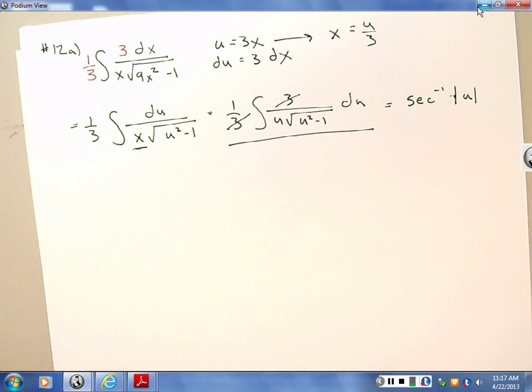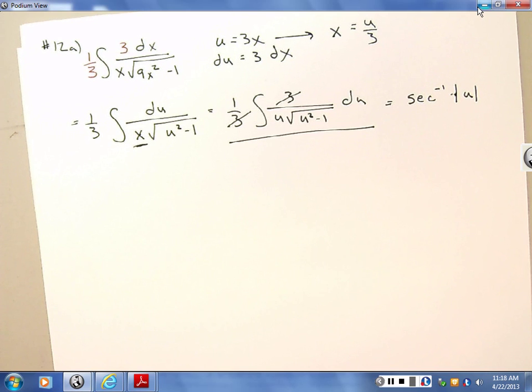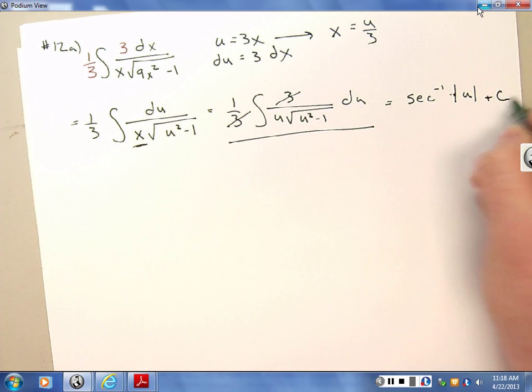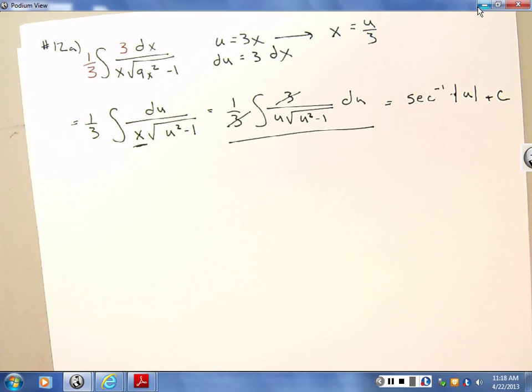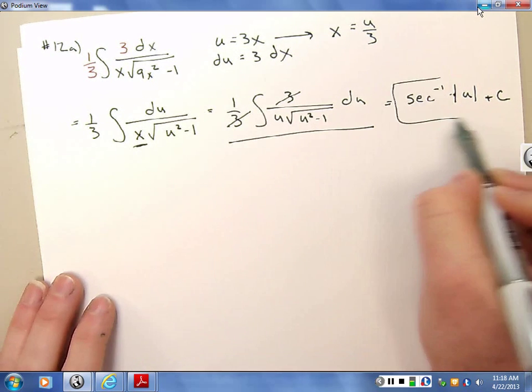And I know I need a 1/3. See where I lost that at. No, wait. Do I need a 1/3 with secant? I do not need a 1/3 with secant. I'm sorry. That is correct. This would be correct here.